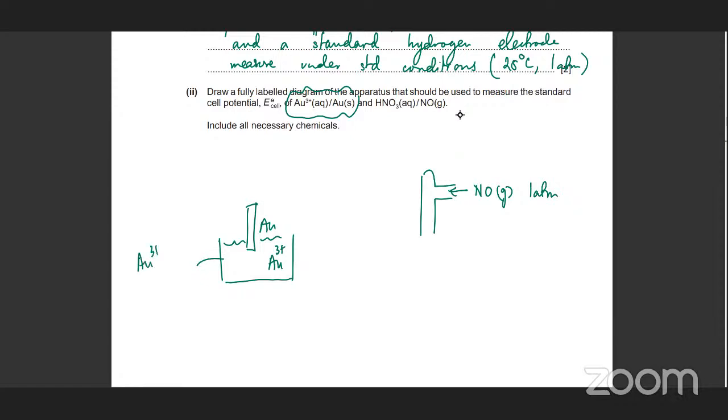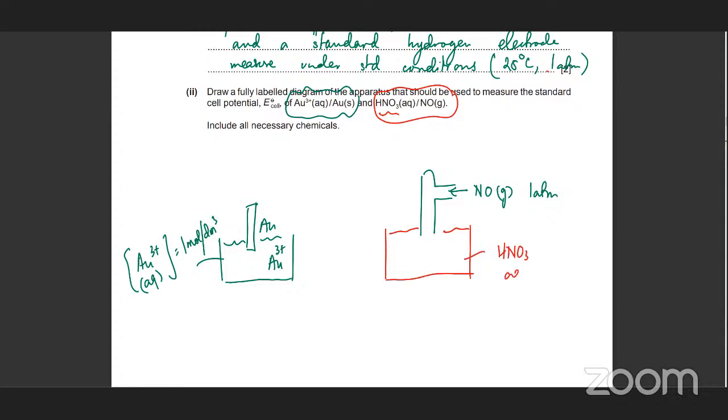Au3+ aqueous would have a concentration of 1 mole per dm cube. You've got NO as a gas, and there's nitric acid. Nitric acid would obviously be part of the solution. So there's HNO3 aqueous, and that's going to be 1 mole per decimeter cube.